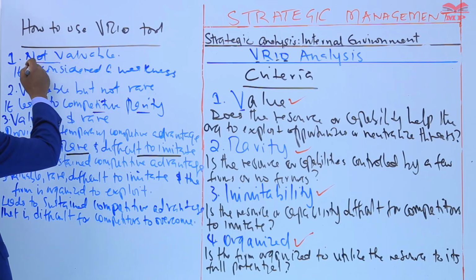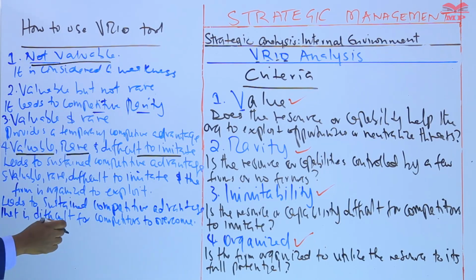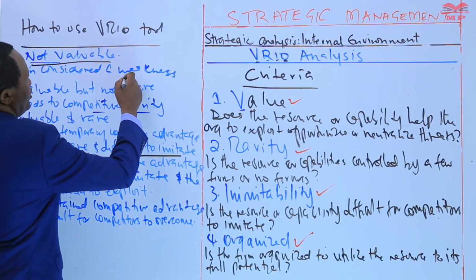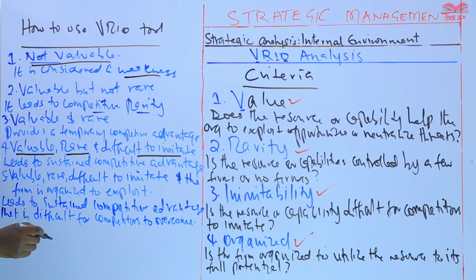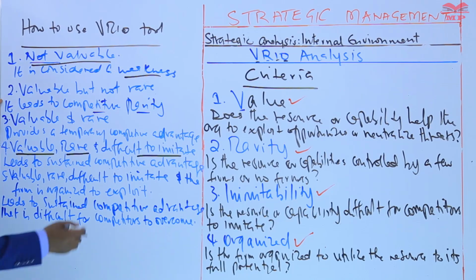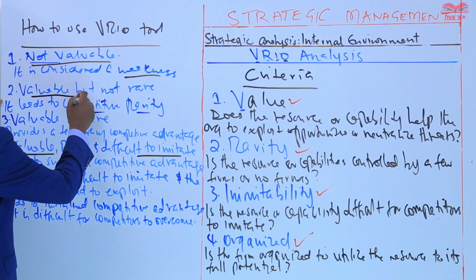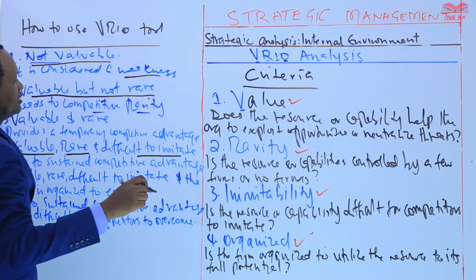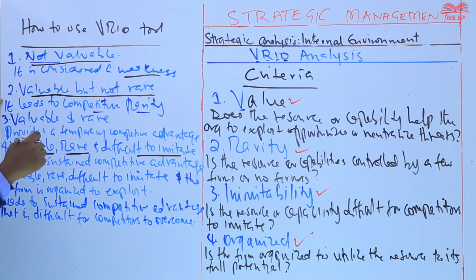If a resource is not valuable, then it is considered a weakness, and it should be done away with, eliminated, or the weakness should be addressed.